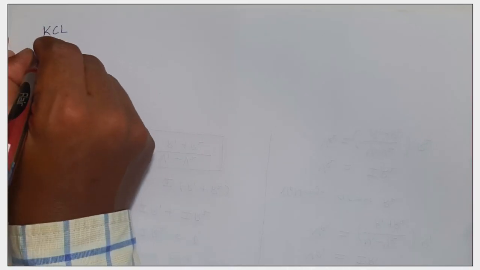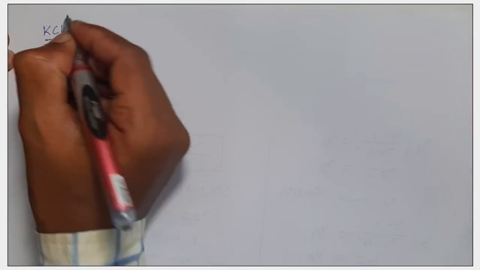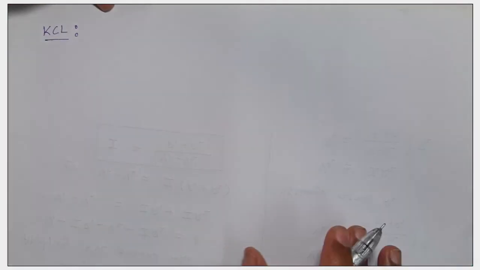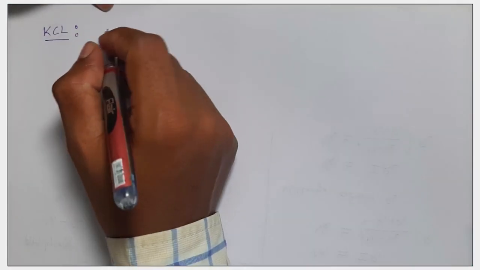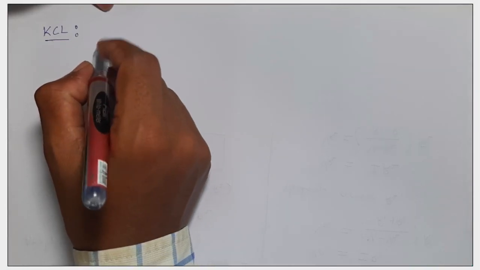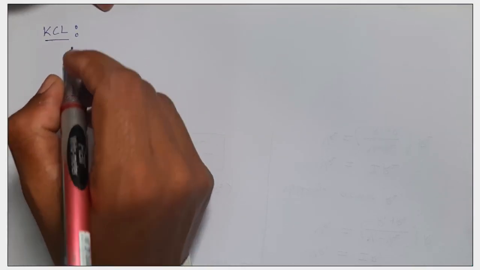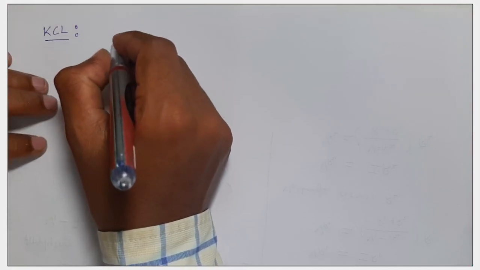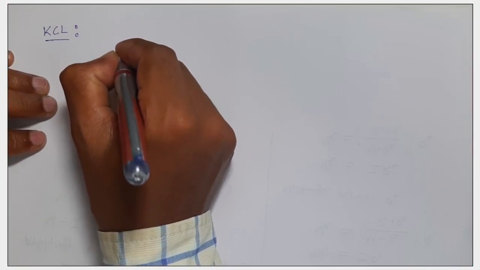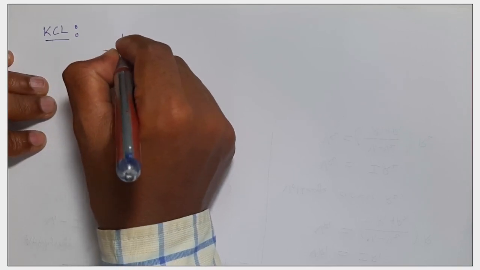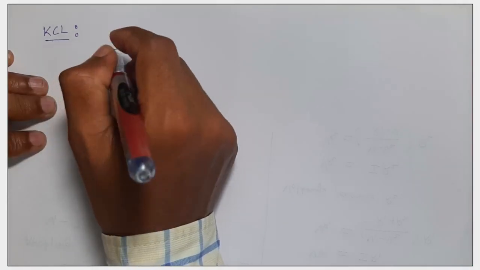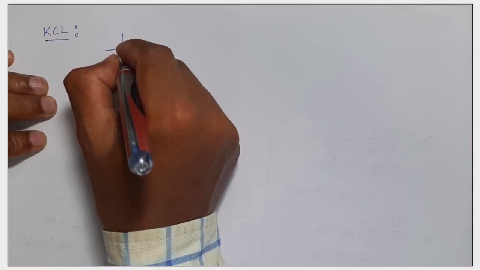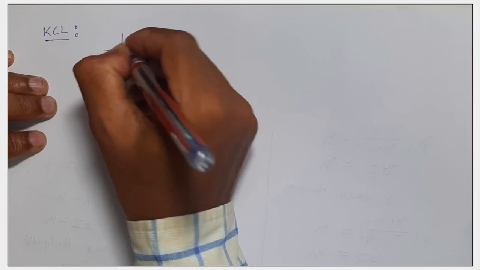KCL is Kirchhoff's current law. To discuss this, I am going to consider a simple network. Dear students, KVL is applied around a loop, whereas KCL is applied to a node. For example, this is a node in a network where, let us consider, 4 different branches are connected to this node.